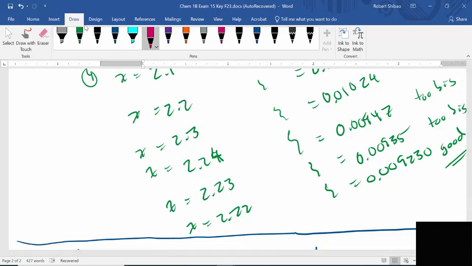Sometimes it's not so lucky. You go to 2.22 and it comes right on. We got 0.009230 right on there. And we got lucky. And so we could stop here because that's what we want, 0.00923, that's good. So our target was 923 and what we got is 923.